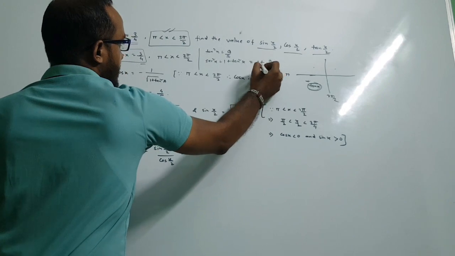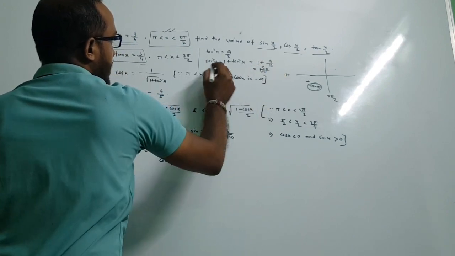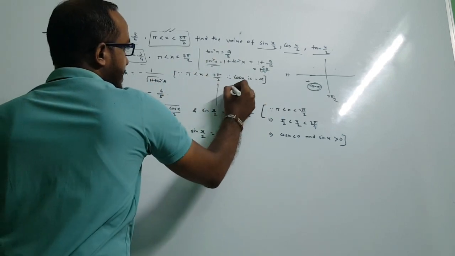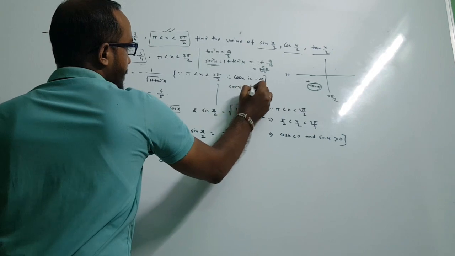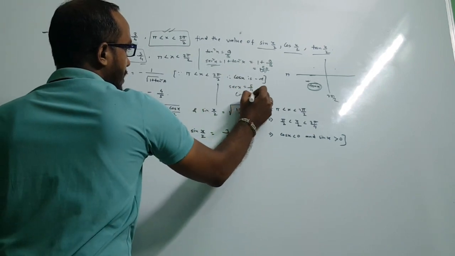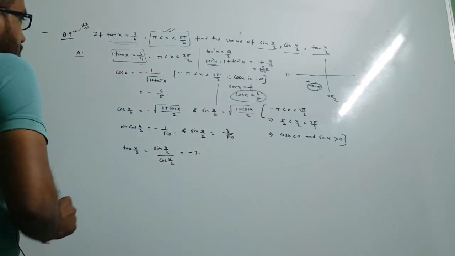That is 16 plus 9, 25 by 16, which is 5 by 4 whole square. So sec x would be 5 by 4. If sec x is 5 by 4, then since sec x is 1 by cos x, cos x would be 4 by 5.